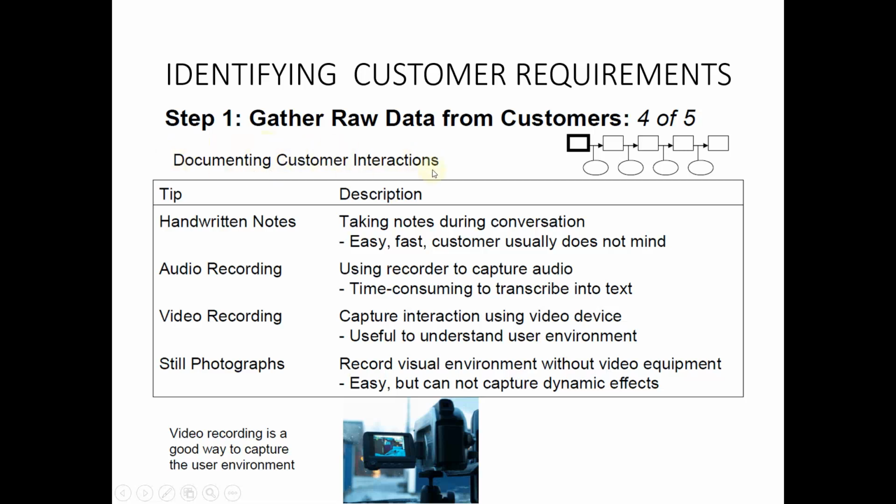Suppose we are doing a customer interview, we can record the interview process so that we can refer to this interview session in the future. Similarly, for focus groups and such methods, we can take handwritten notes, do audio recording, or take photographs. All these are different methods by which we can document customer interaction.